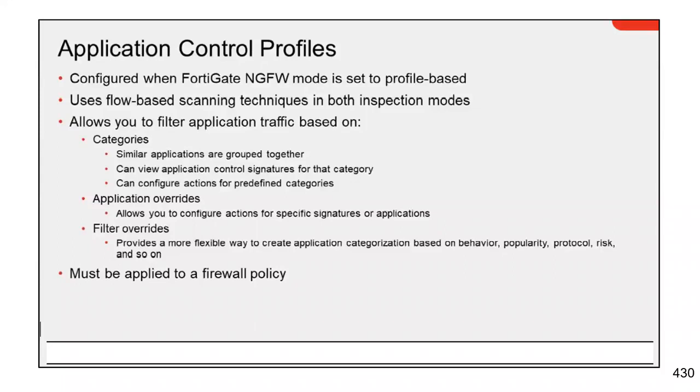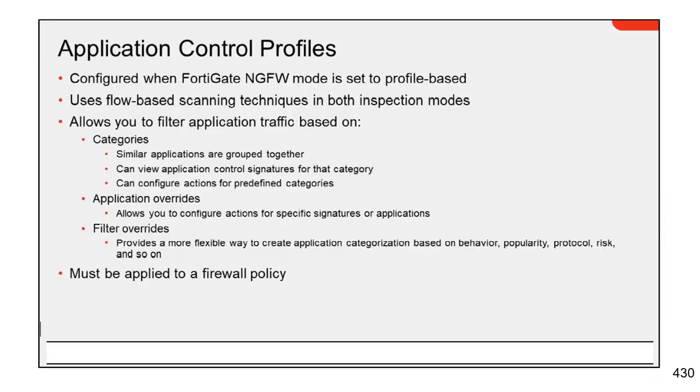Okay, so application control profiles. All the security profiles that we are seeing, the IPS, the web filter, and the application control, are under the category of profiles, or security profiles.